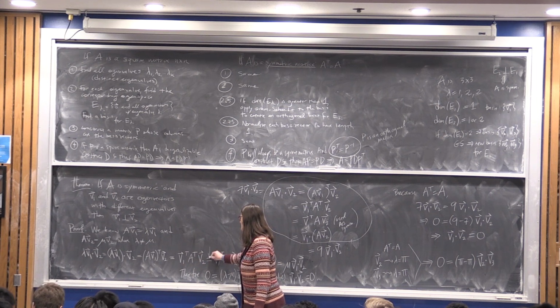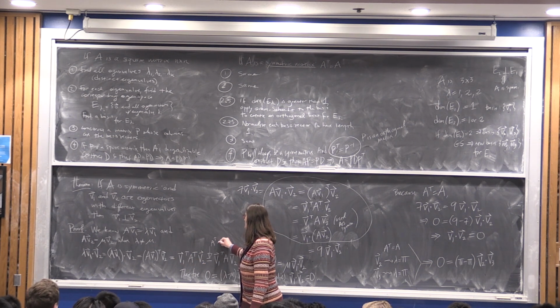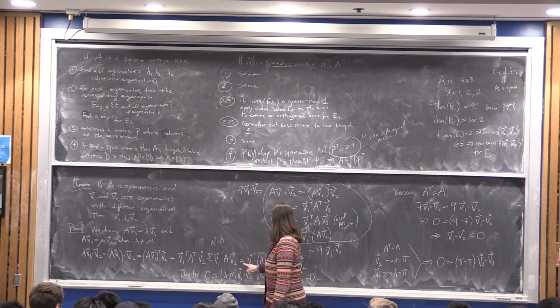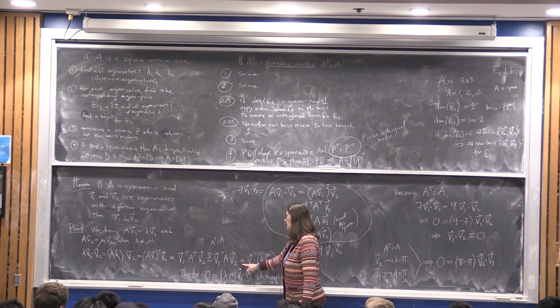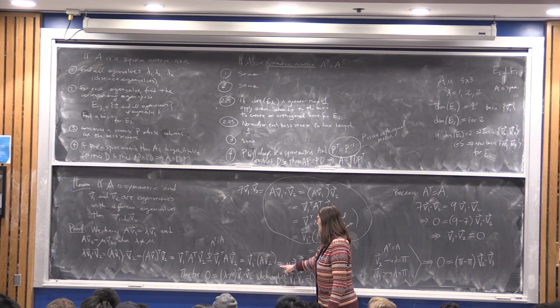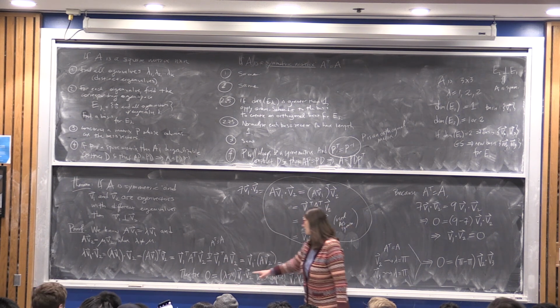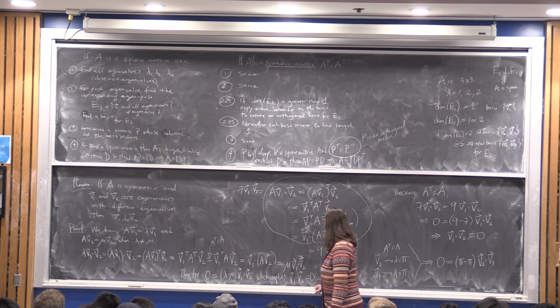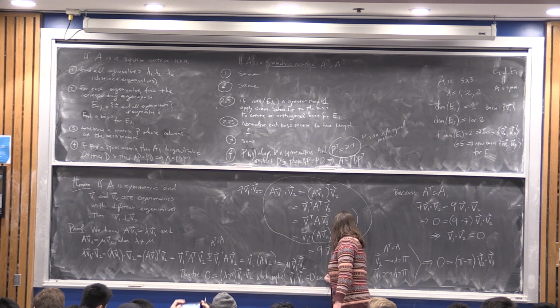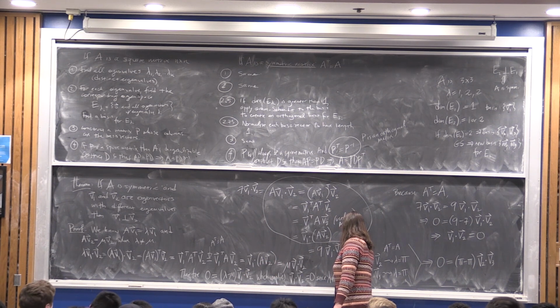Here I used that A transpose equals A. And here I used how the dot product is defined. And here I used that V2 is an eigenvector. Left-hand side equals right-hand side gives me this. And then I use that lambda does not equal mu.